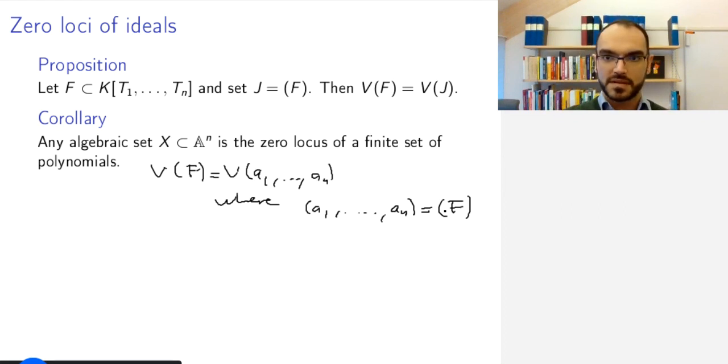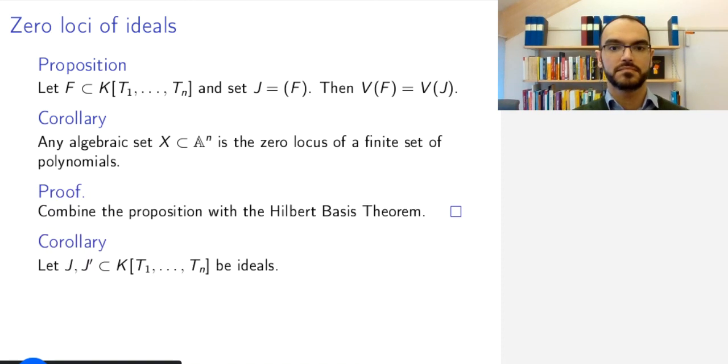And this is, of course, a nice property. And again, there is no canonical way to determine these generators, but you know that they exist. As a corollary of all of what we have said, we can now formulate the properties of the vanishing sets of ideals. So take two ideals, J and J prime.